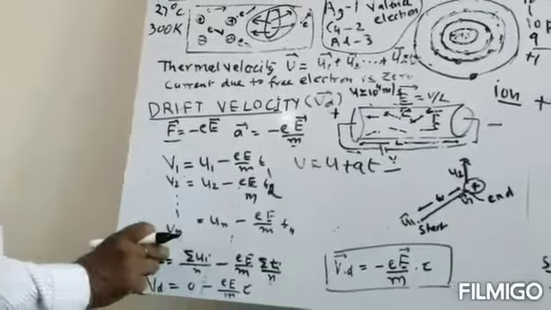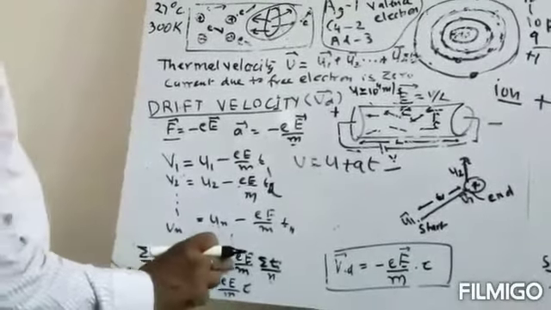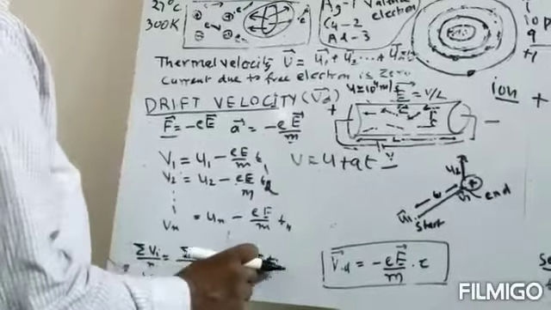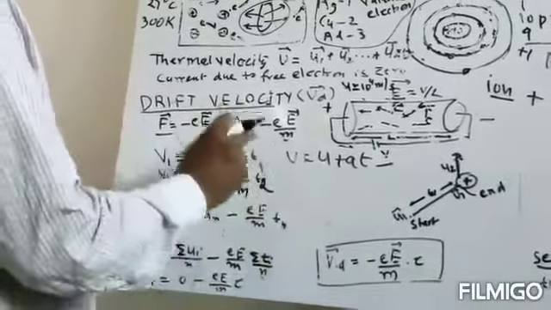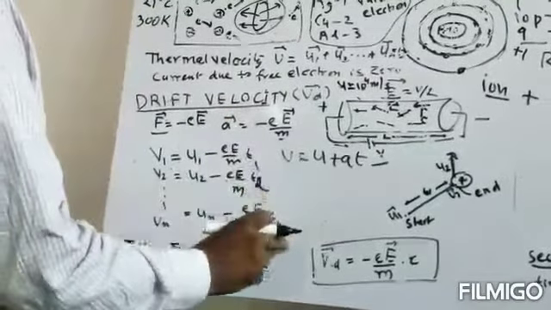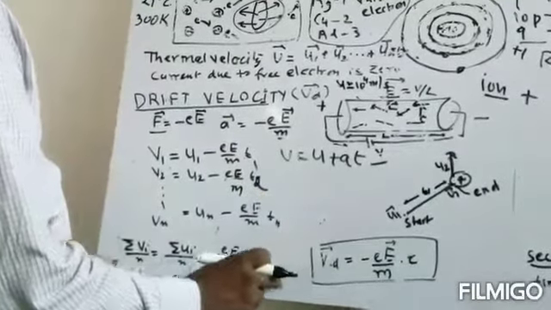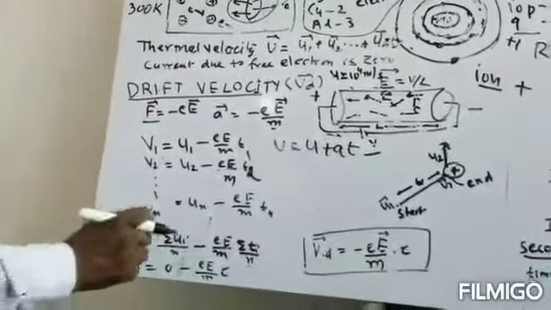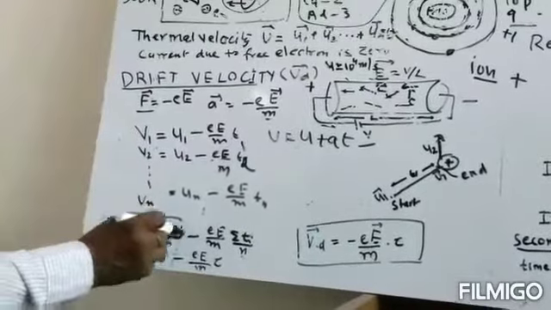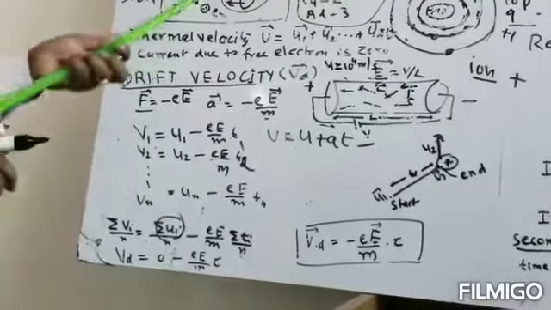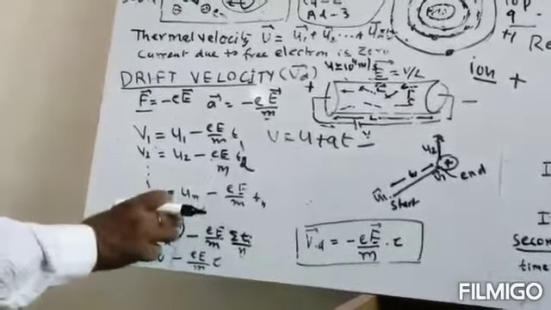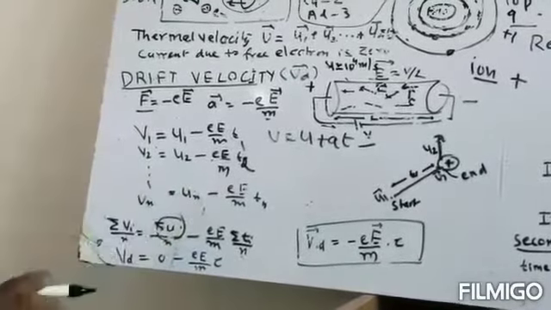It is the average final velocity minus small e capital E by m. The acceleration is constant. Multiply by the average time, which is equal to t1 plus t2 plus up to tn, divided by n. So we know that the average velocity is equal to 0 in a circle, that is 0. So the average of the summation of ui over n will be equal to 0.